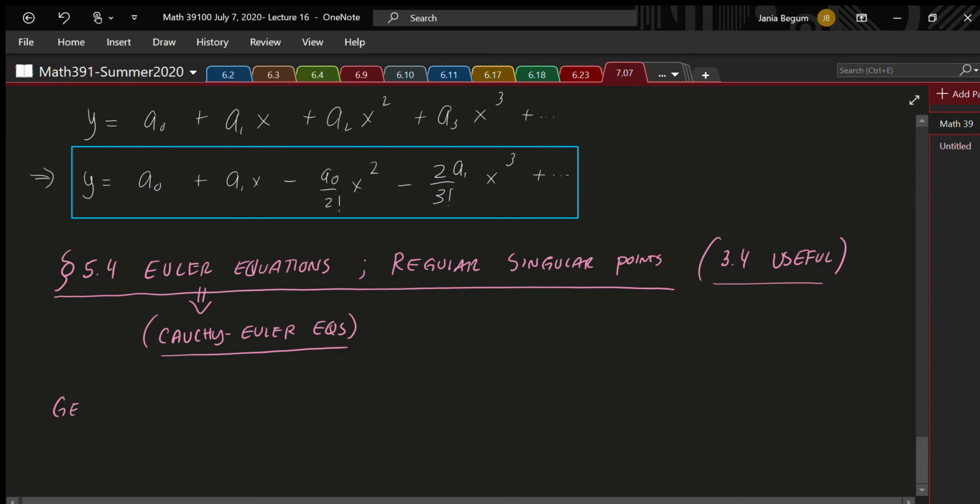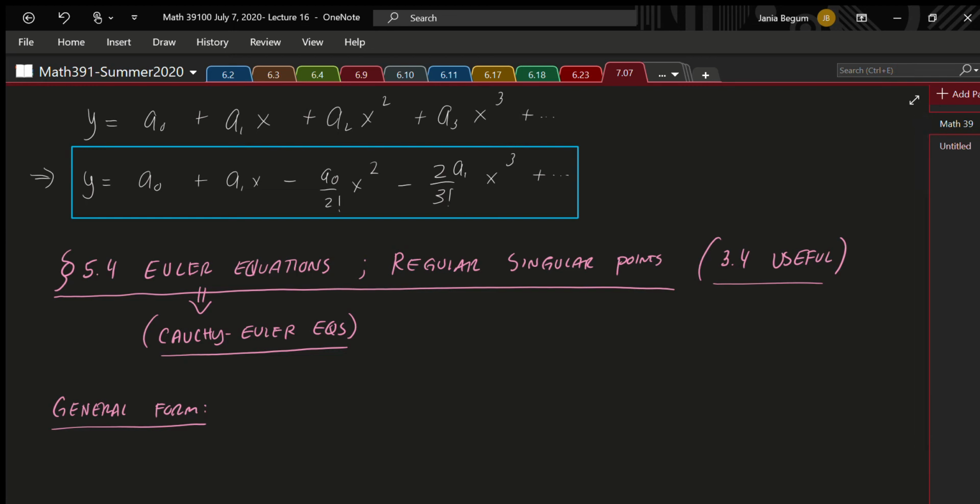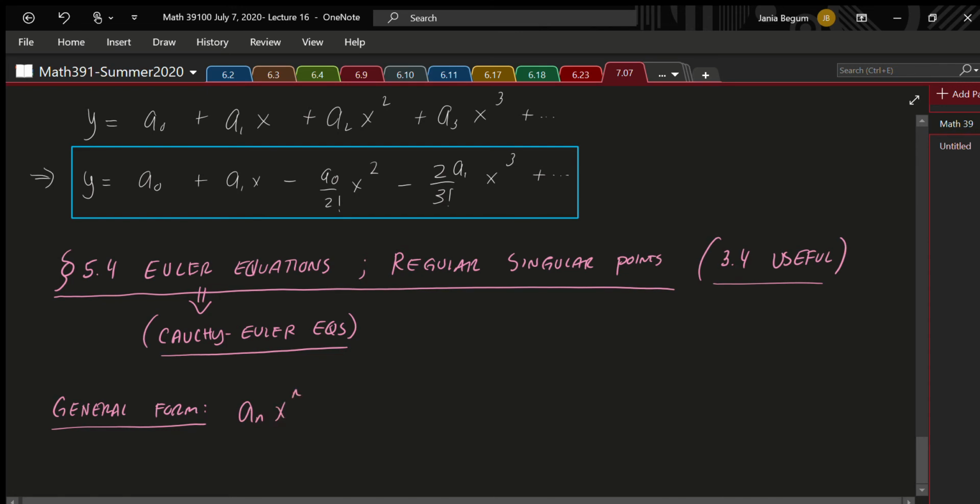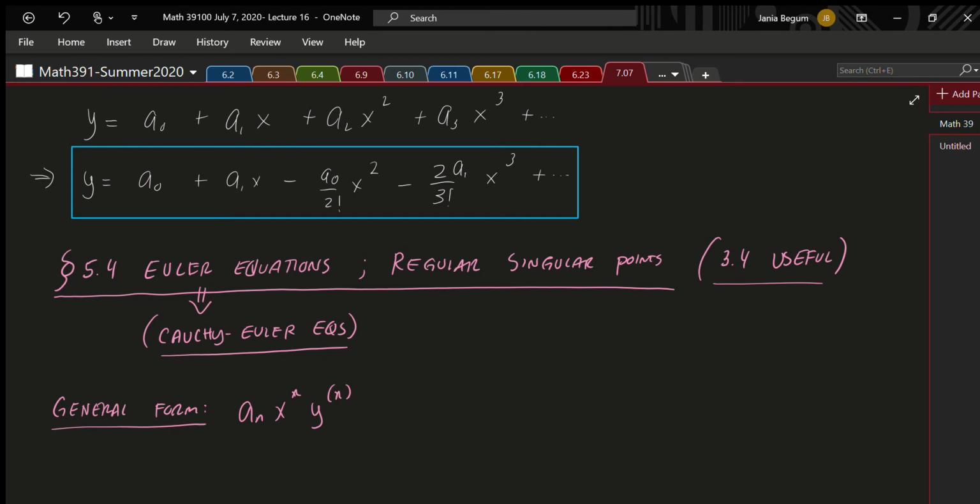So the general form of an nth order differential equation with function coefficients is going to be a sub n of x to the nth power, so that's a polynomial, and then y to the nth derivative. Make sure you note the difference between the n on the x and the n on the y, which is the derivative.